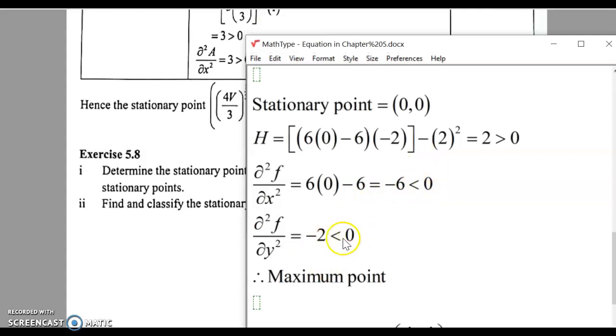So when it is less than 0, right, we can conclude that this point is at a maximum point. In other words, this point is the highest point compared to other points in that graph.